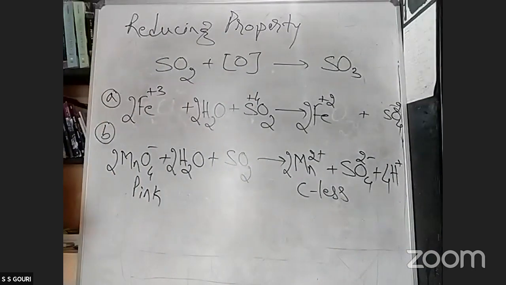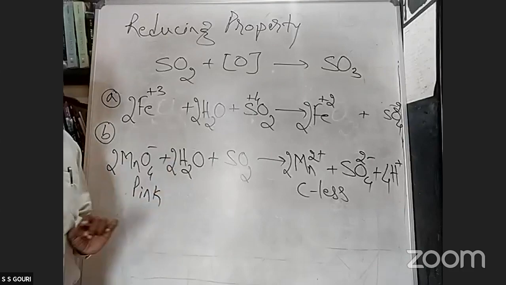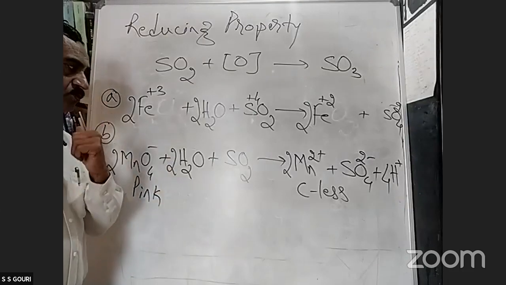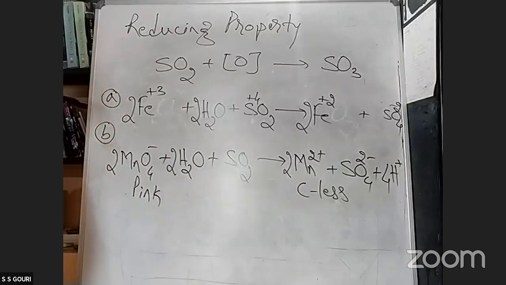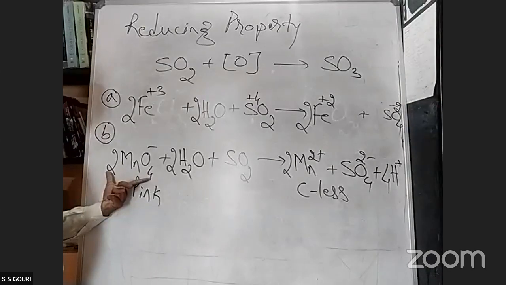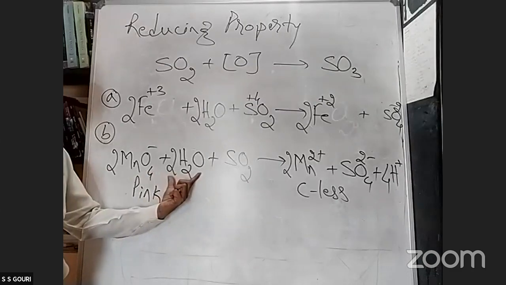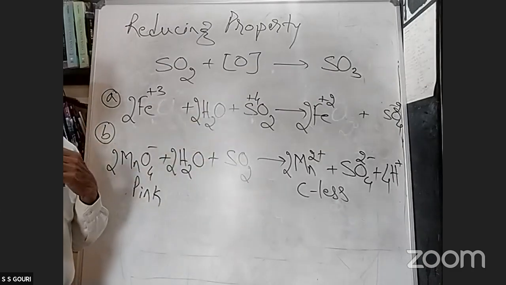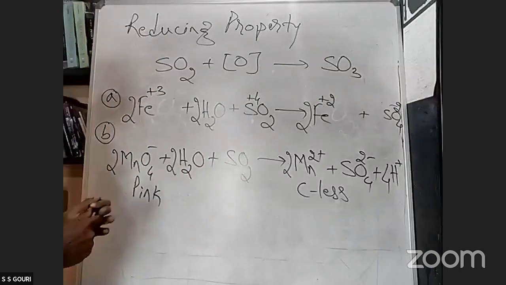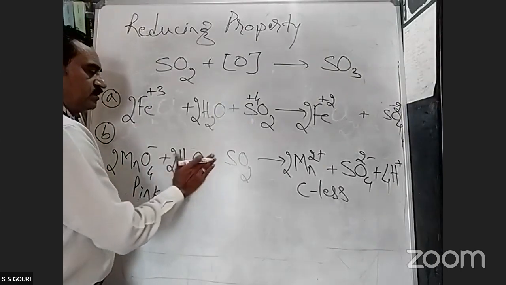ಏನೇನು ಬ್ಯಾಲೆನ್ಸ್ ಅದು? Mn is balanced, hydrogens are balanced, but not oxygen and sulfur. Oxygen sulfur balance ಆಗಿಲ್ಲ. ಎಷ್ಟು ಆಕ್ಸಿಜನ್ ಅವ ನೋಡ್ರಿ ಈ ಕಡೆ? 2 4 8 plus 2 10, ಆ ಕಡೆ ಬರೆ 4 ಅವ. ಸ್ವಲ್ಪ ನೆನಪಿಟ್ಕೋಬೇಕಾಗ್ತದೆ ಇಂಥ ಇಕ್ವೇಶನ್ಸ್ ಅನ್ನ ಬರೆದು.